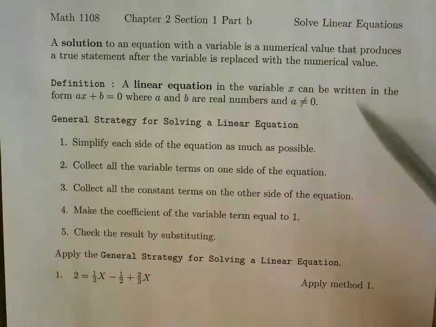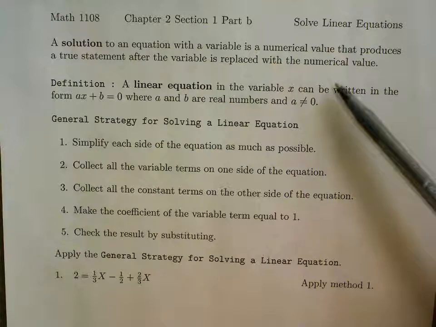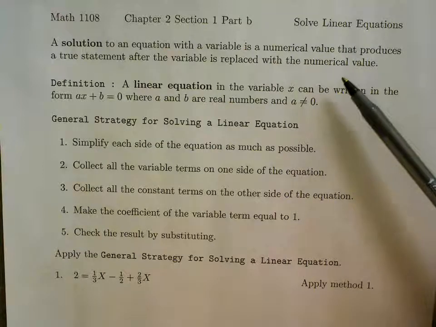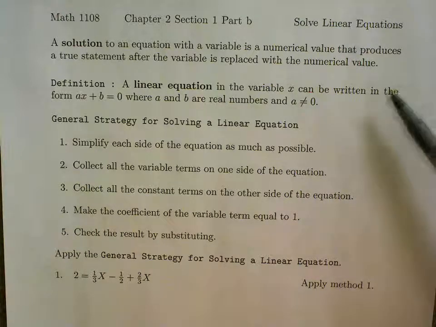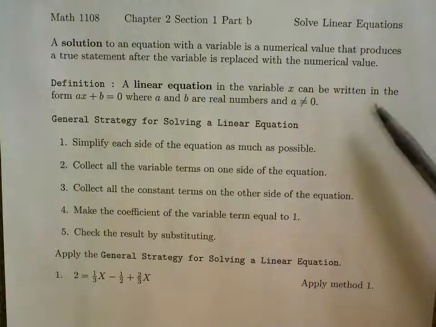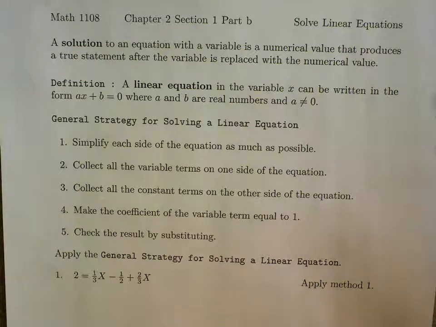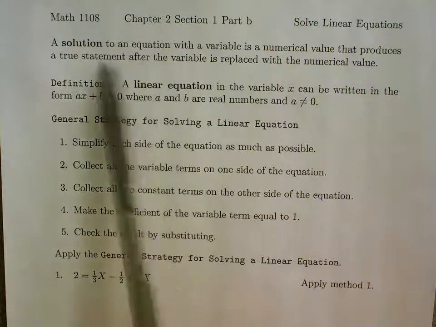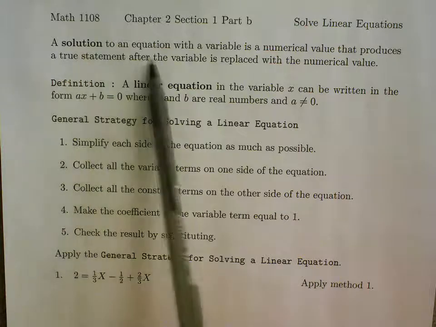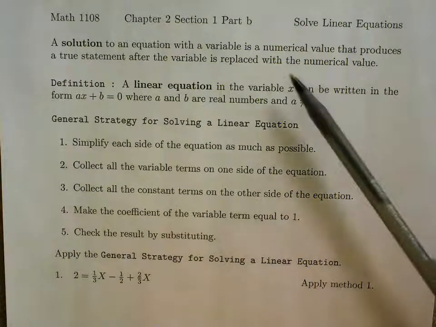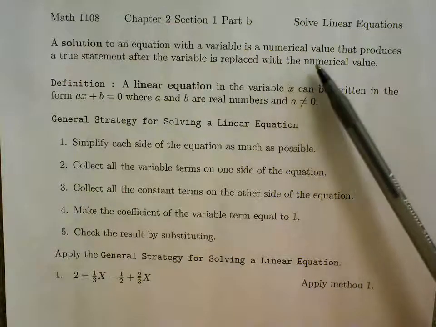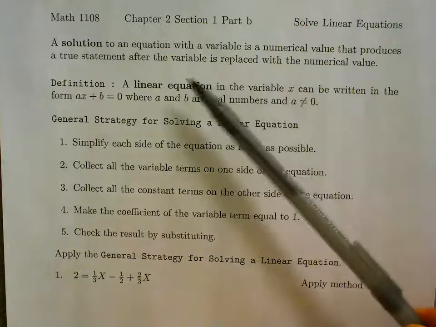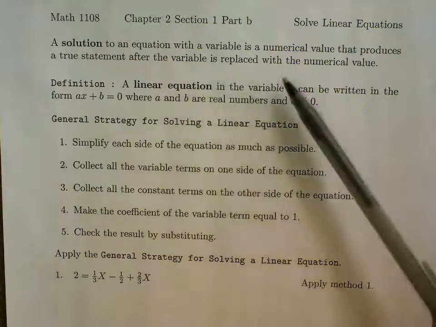We saw these definitions on Monday when we covered Chapter 2, Section 1, Part A, but it's okay to read them again. A solution to an equation with a variable is a numerical value that produces a true statement after the variable is replaced with the numerical value.